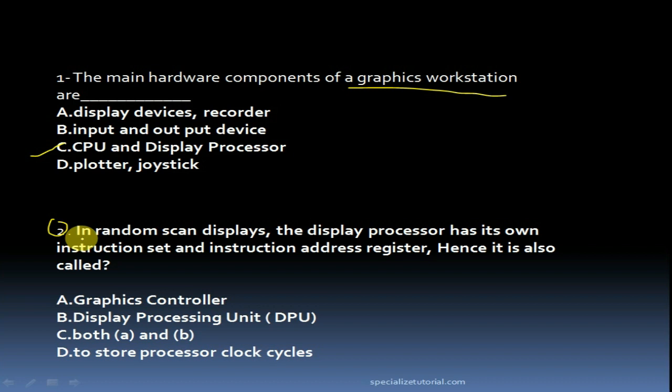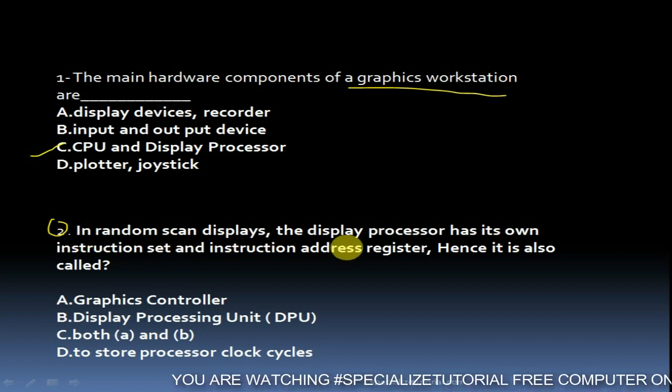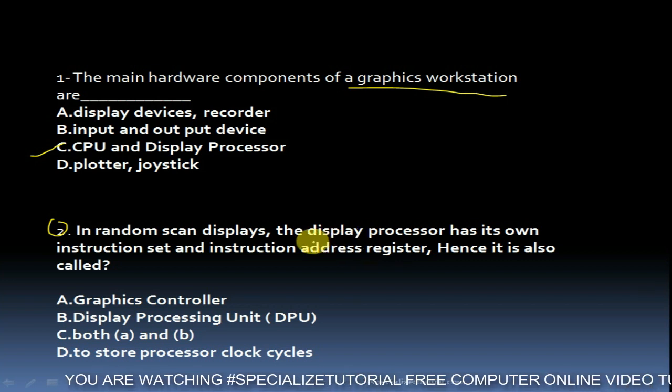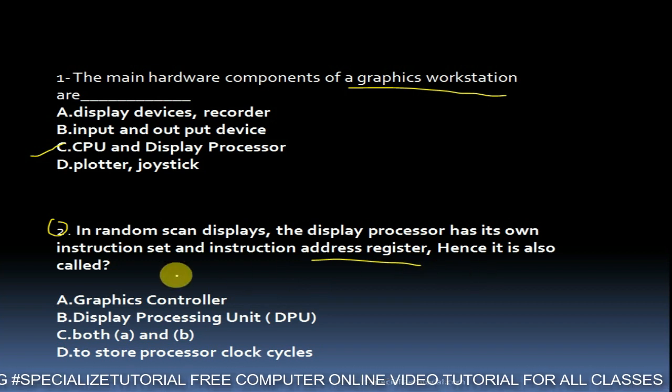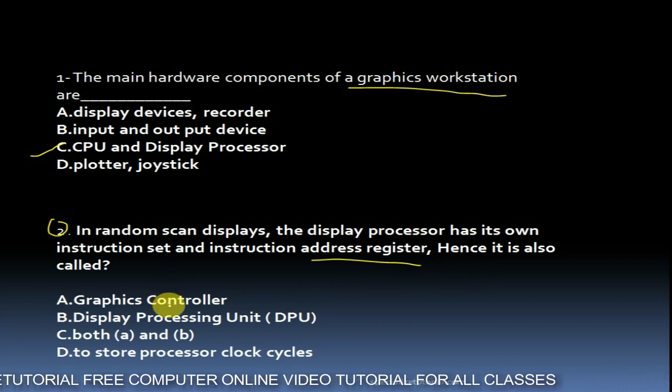In random scan display, the display processor has its own instruction set and instruction address register, hence it is also called random scan display. The display processor is also called a graphic controller.